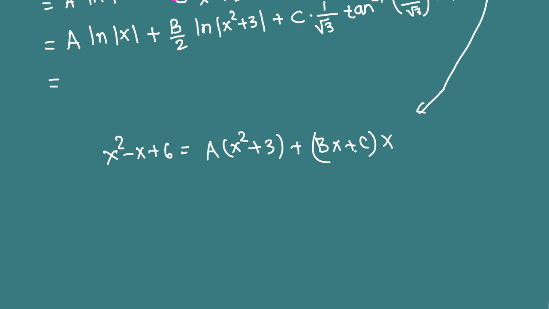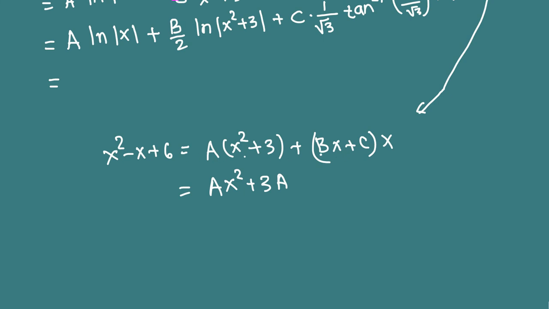Let's simplify the right hand side. Just distribute: ax squared plus 3a. We could leave it this way, but it will be difficult to find the values of a, b and c.